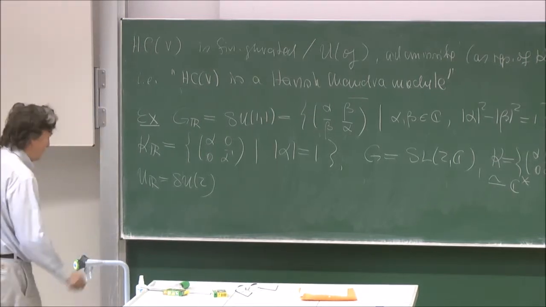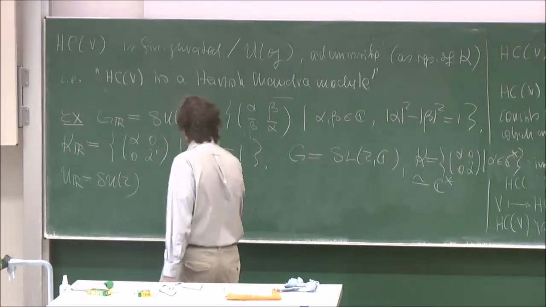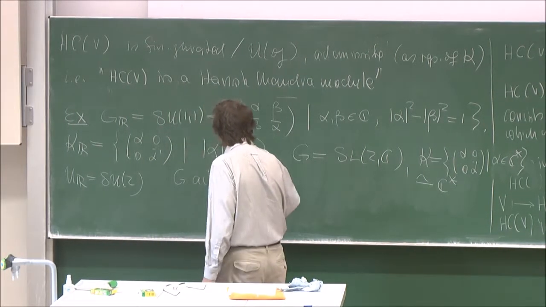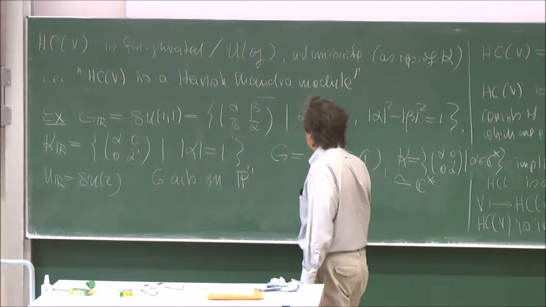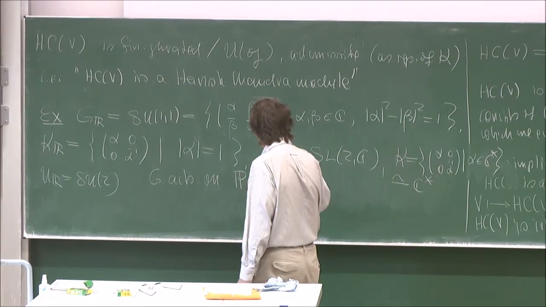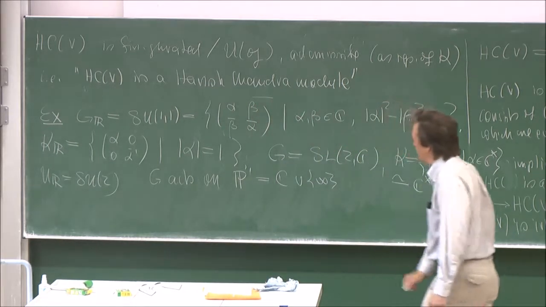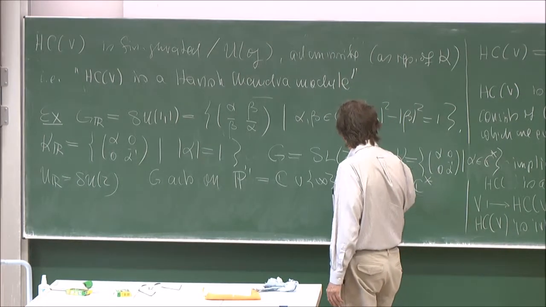Right. So those are the groups in this particular case. And of course G acts transitively on complex projective one-space, which I think of as the complex plane compactified by adding the point at infinity, and it acts by linear fractional transformations.